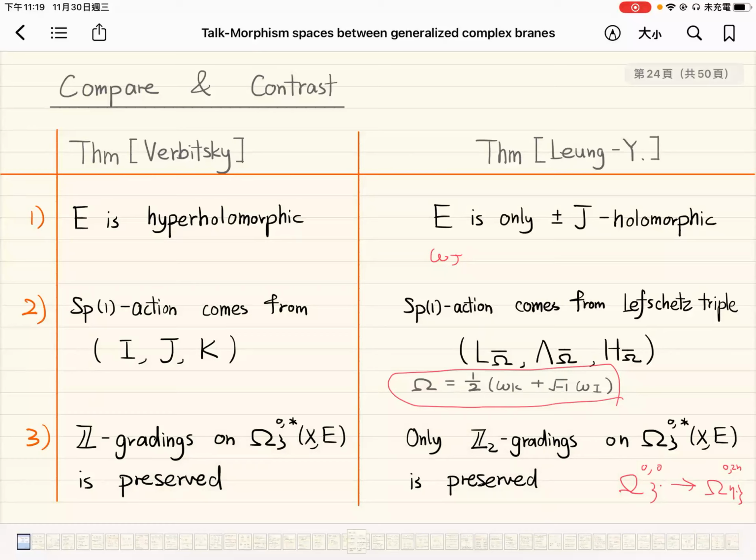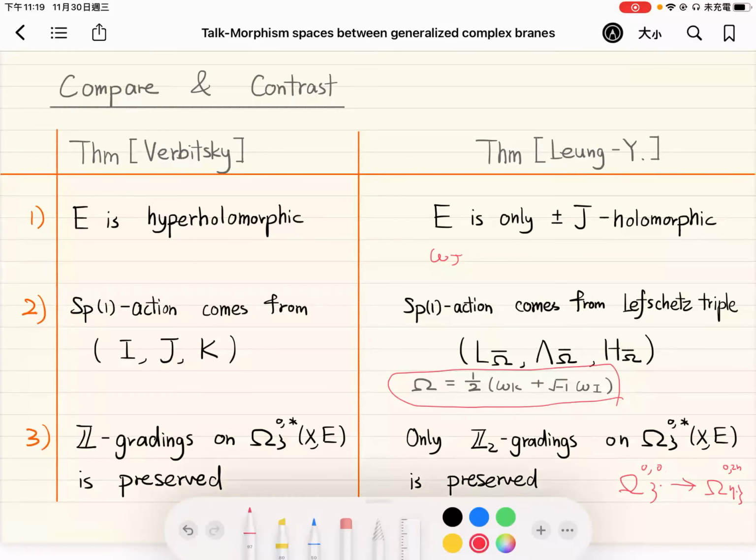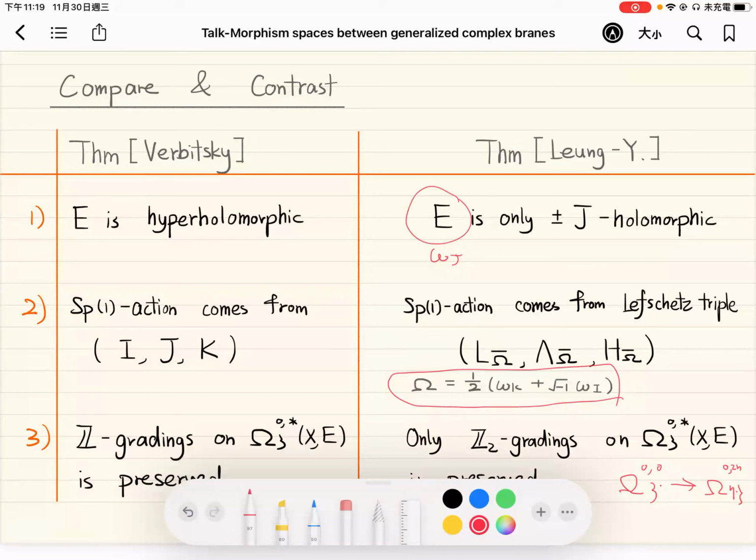If we take the J cohomology for this bundle E, then because this bundle is ample, all the cohomology concentrates on the 0 cohomology for J. But if we take the minus J cohomology, because the bundle is no longer ample with respect to minus J, the curvature form is negative with respect to minus J, then you would expect that the cohomology concentrates on the degree 2n, where 4n is the real dimension of X.